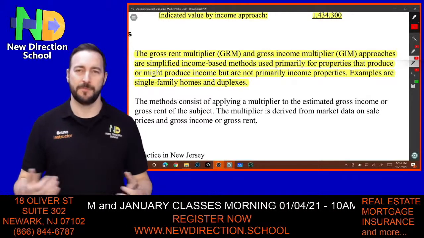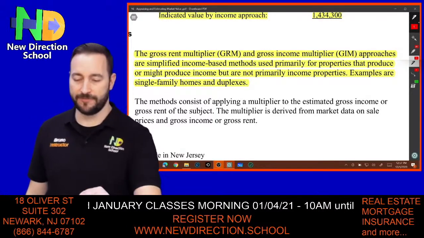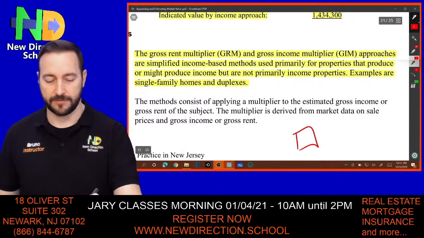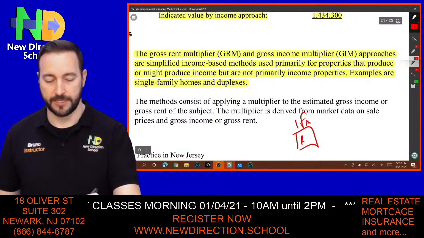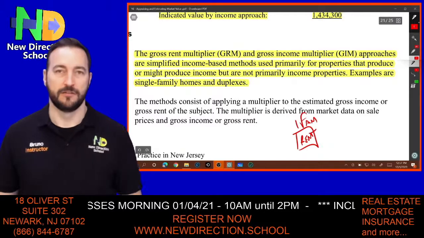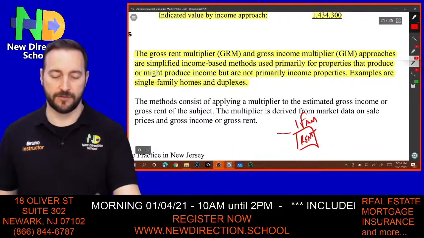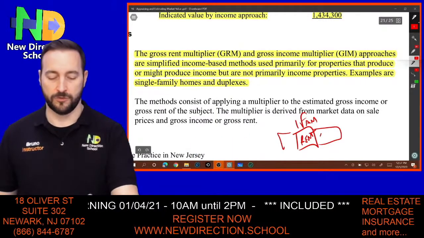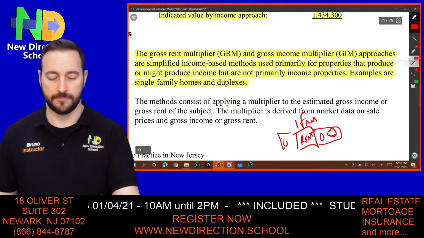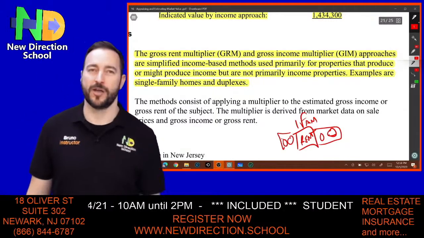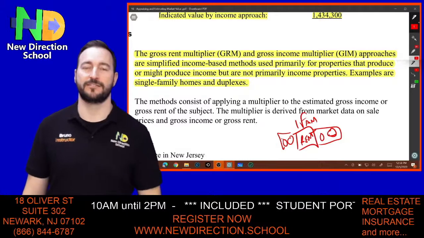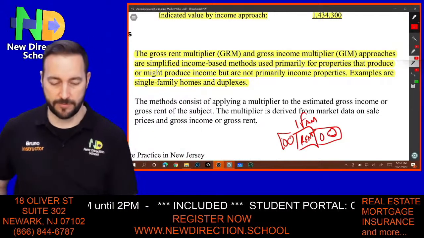There are not going to be many comparables, so I can have a single family here that's for rent, but most of the other properties around are owner-occupied. So if they're owner-occupied, how am I going to figure out the value? That's what makes it difficult. That's why we use the GRM or the GIM.